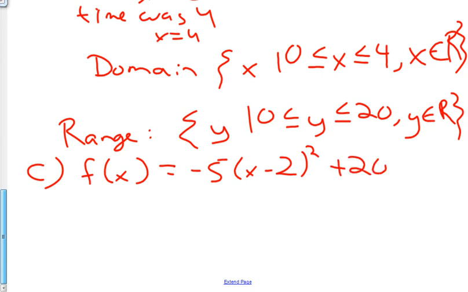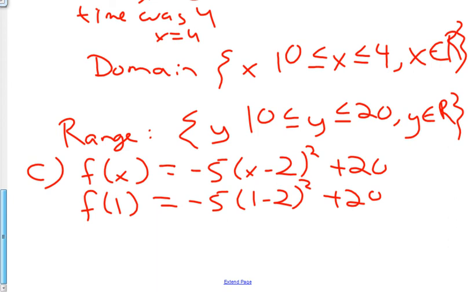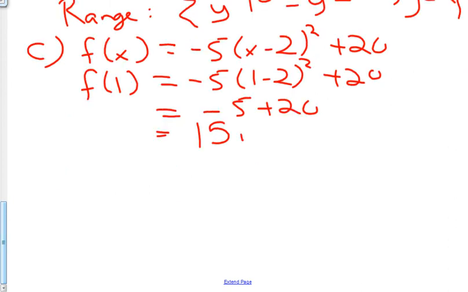Substituting 1 in for x yields f of 1 is equal to negative 5 times 1 minus 2 squared plus 20. That is equal to negative 5 plus 20, which is then equal to 15. So the ball was at a height of 15 meters after 1 second.